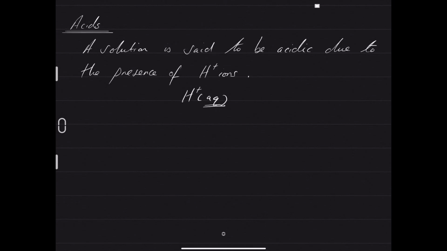So a solution is said to be acidic due to the presence of H plus ions. H plus ions, hydrogen ions, give the acidic nature of acids. The acid, if we're dealing with hydrochloric acid or sulfuric acid, is providing the H plus ions which make that acid acidic.